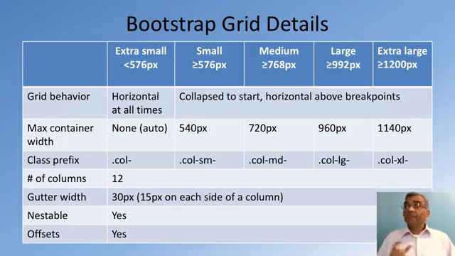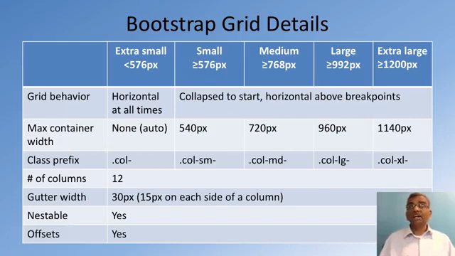Now, we saw the use of the container in the previous slide there. For extra small screens, the container width is automatically determined by the screen width. But for small, medium, large, and extra large, the container width is as specified there. So if you use the div with the class container, then for small screens it is 540 pixels.